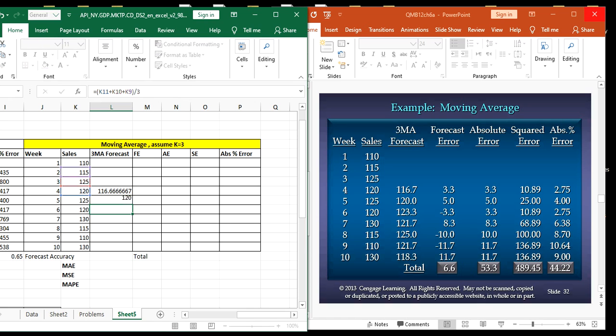Okay, I think there is a mistake here. So the same for the rest of the data.